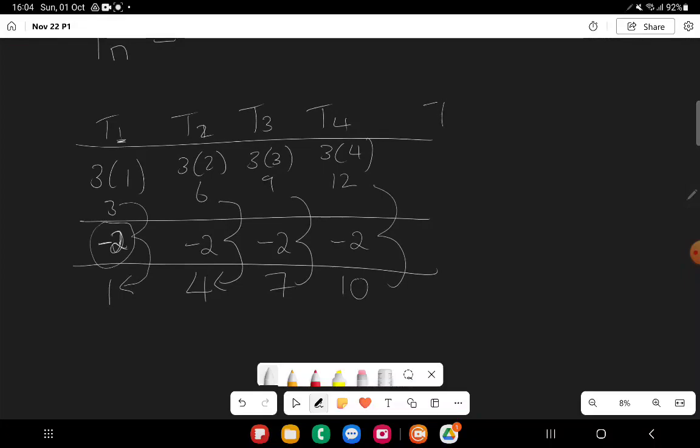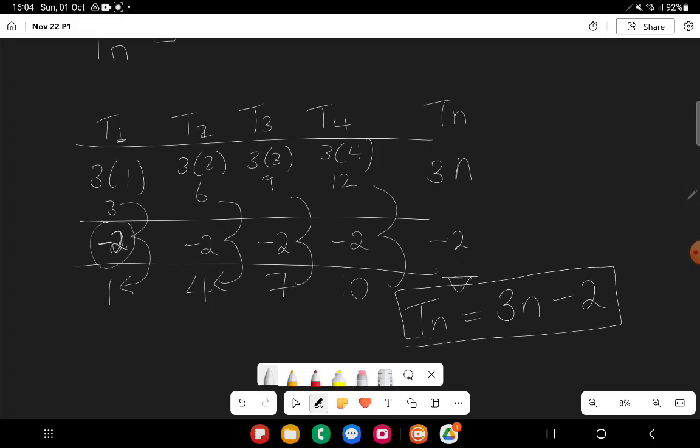Meaning that if I was to do term n, it would be 3 times n minus 2 will give me a result of, which is the answer to the question I want right now. Term n is equal to 3n minus 2. This is how you do it. I prefer to use the table method. It's much easier to understand. So answer to question number 2 is term n is equal to 3n minus 2.